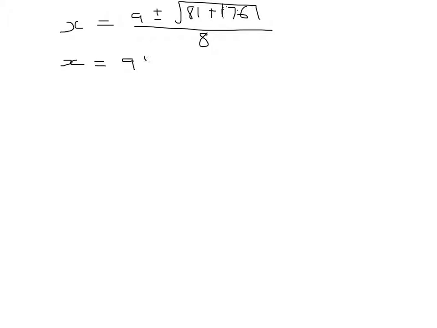So simplifying the bracket first, that's x is equal to 9 plus or minus the square root of 81 plus 176, all over 8. Now notice that the minus 4ac becomes a plus because the c is negative, and that simplifies even further to 9 plus or minus root 257 over 8.